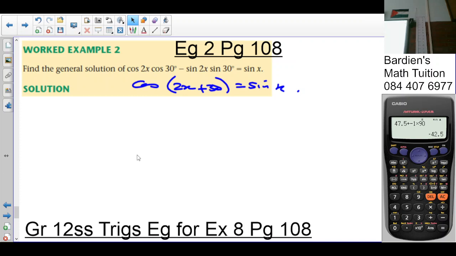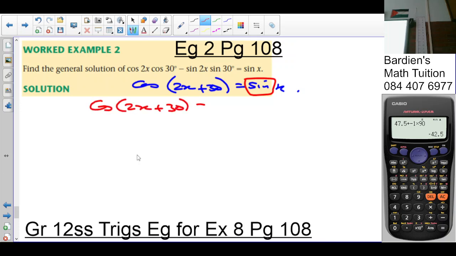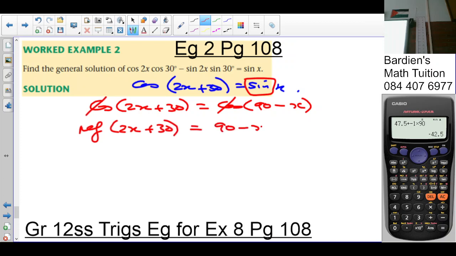So how do I get this to be the same as the cos? Cos of 90 minus. So I say cos of 2x plus 30 equals cos of 90 minus x. Can you see that? So what do we do now? We can drop the cos's, not so? So we say reference 2x plus 30 equals 90 minus x.